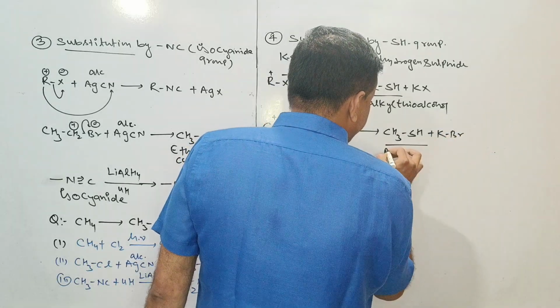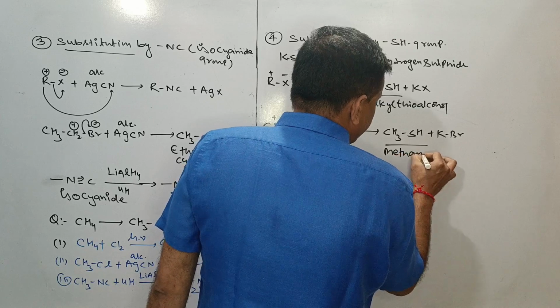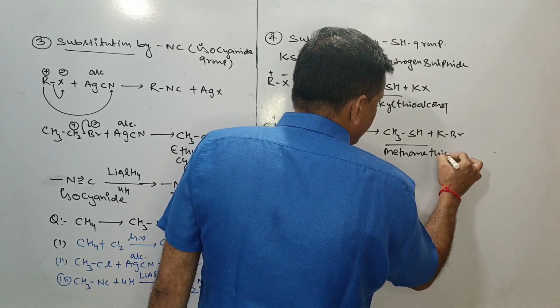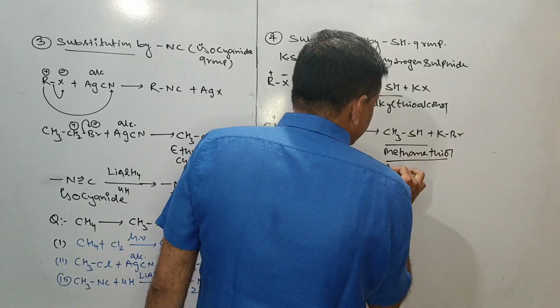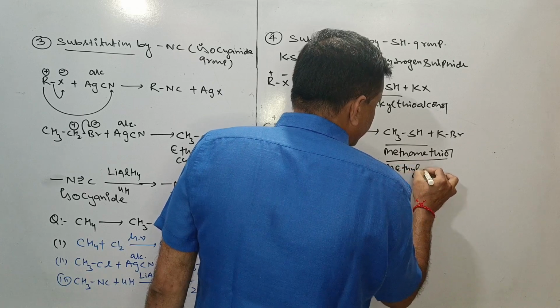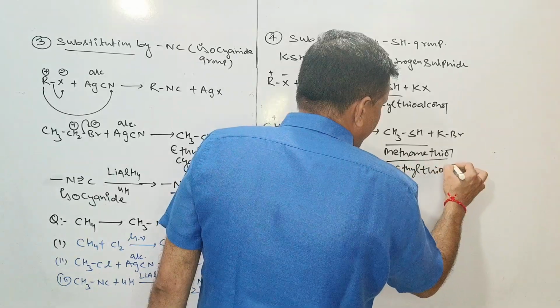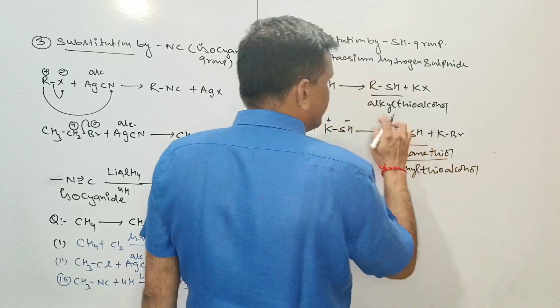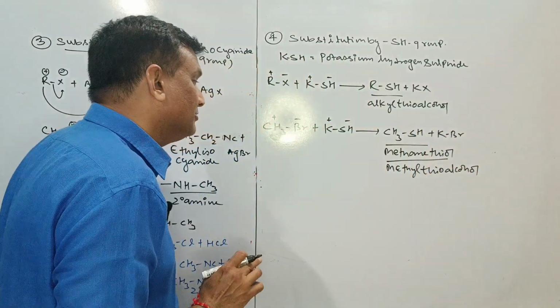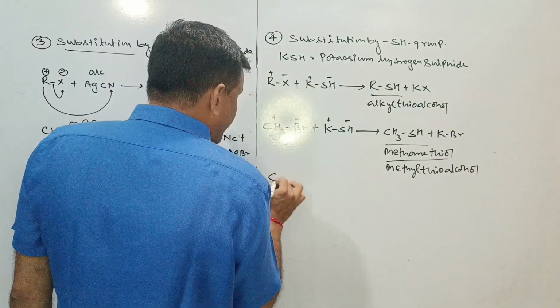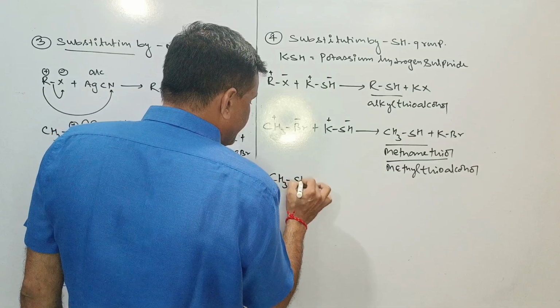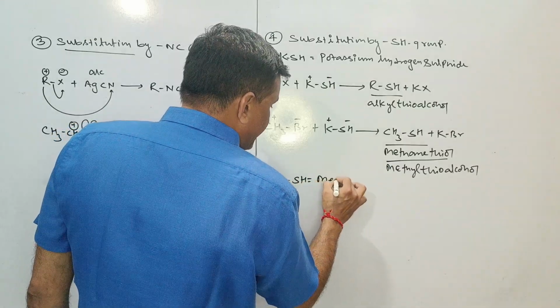Here will be formation of methane thiol, or you can say methyl thioalcohol, according to alkyl thioalcohol. Remember one thing, this compound is very important. It is also called mercaptan.